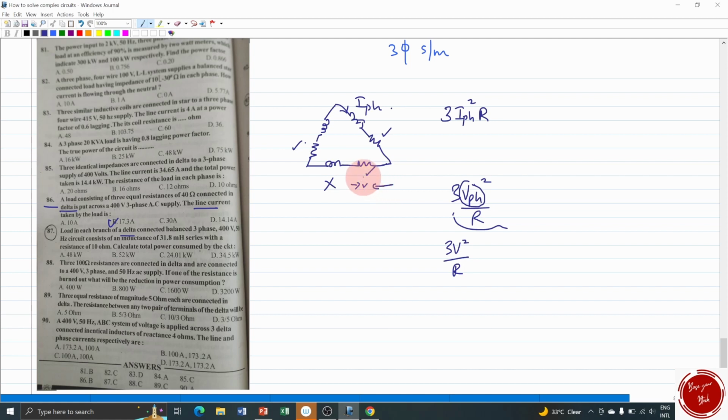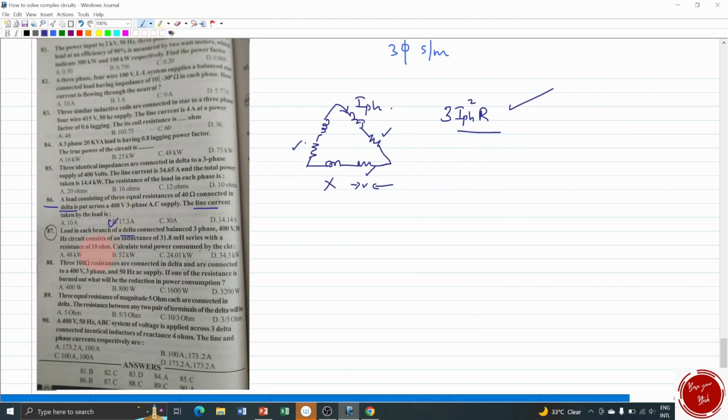So instead of this, let's move with this equation, that is I square R multiplied with 3. I square R and V square by R both are power equations, but since it is easier to get the I phase value or the current value through the resistor than the voltage value across resistor, we will go with this one, I phase square R multiplied by 3. 3 is multiplied because it is a 3 phase system, we have 3 resistors in this load.